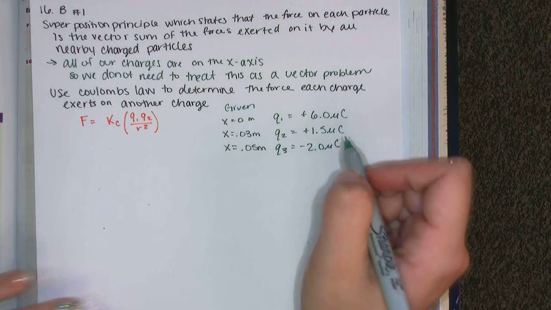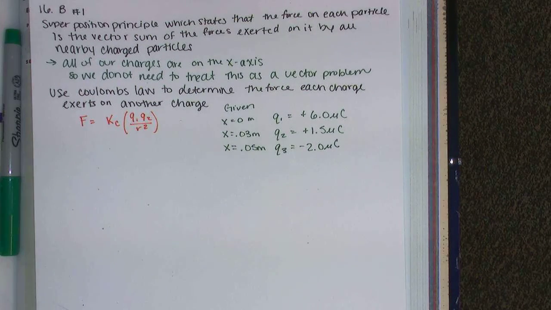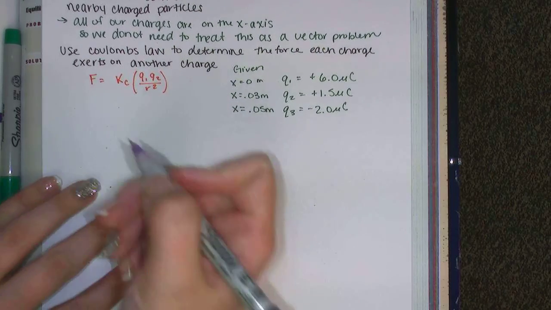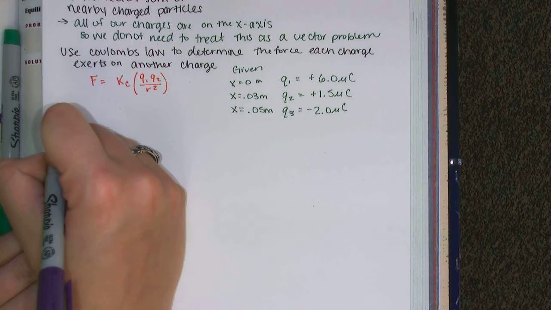All right, so we need to evaluate a couple different relationships, I guess, is the best way to say it. So we want to know F of 1, 2.